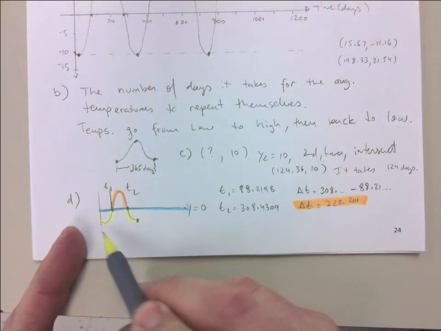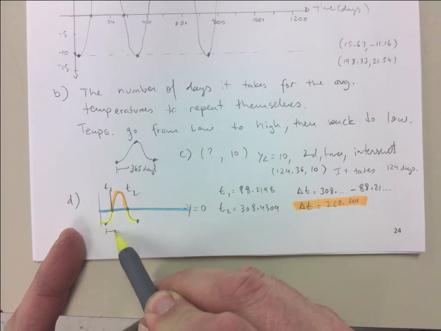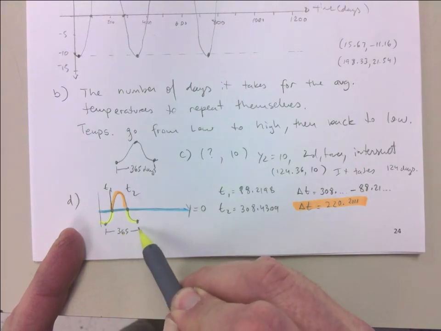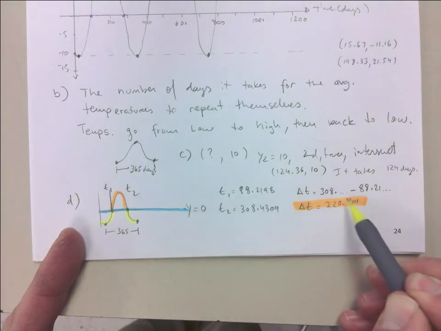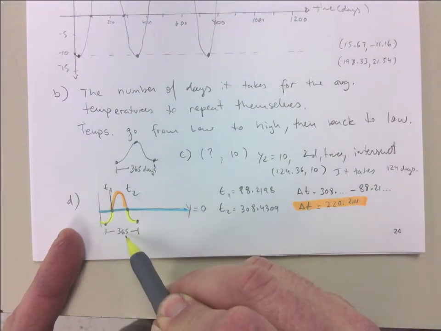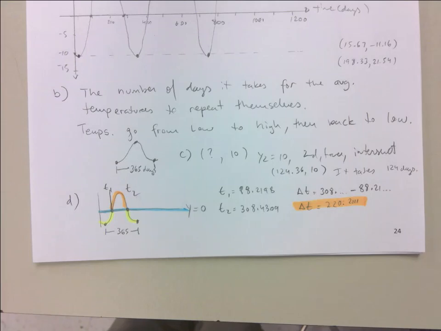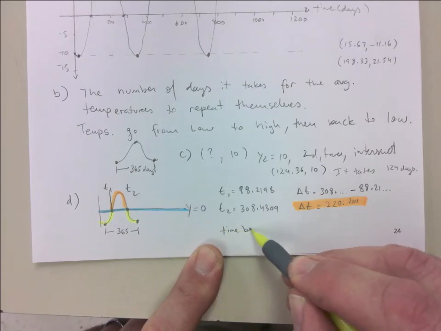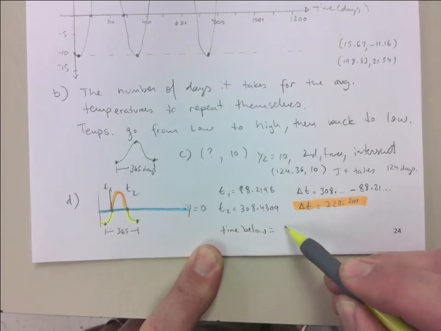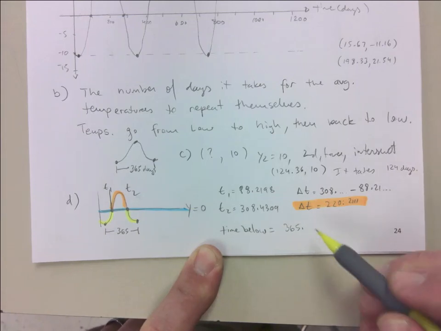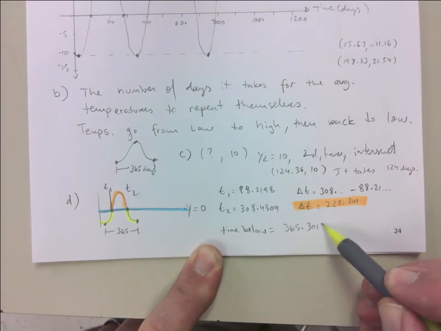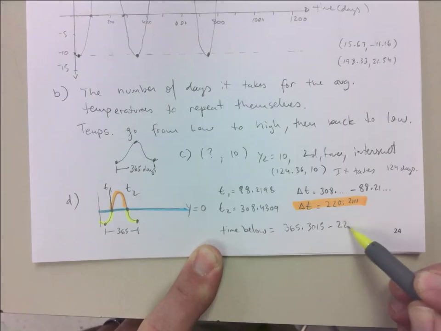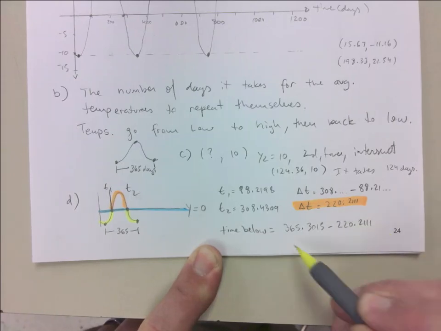What is a total cycle from here to here? 365, right? Can we subtract this from 365 and then be left with below freezing? Yes. So time below would be 365.3015 minus 220.2111, okay?